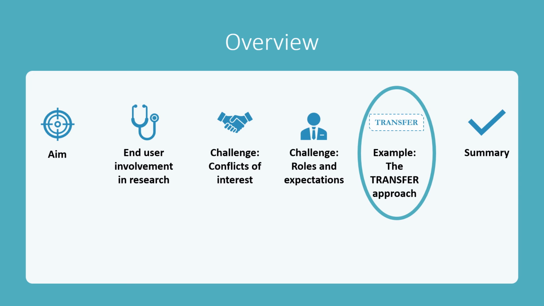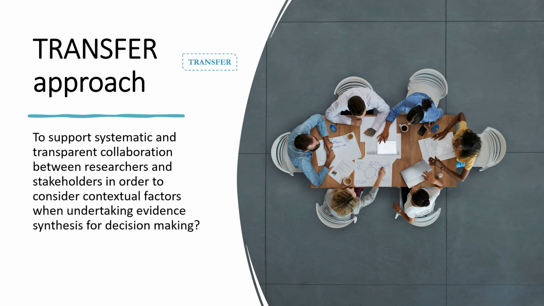On that note, let's look at an example of using end users in research, the transfer approach. So the transfer approach is a method to support systematic and transparent collaboration between researchers and stakeholders in order to consider contextual factors when undertaking evidence synthesis for decision-making.